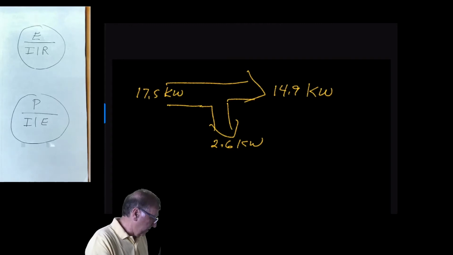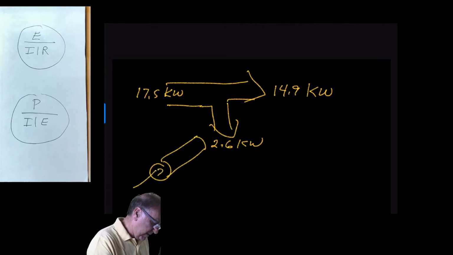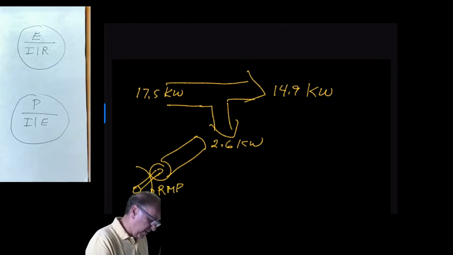If we look at what the motor looks like, we've got a motor shaft, and that rotates with a certain RPM and torque. It's an M there, and torque.